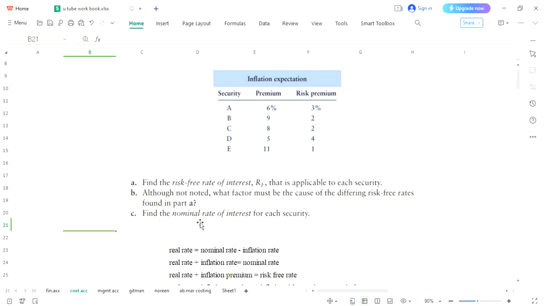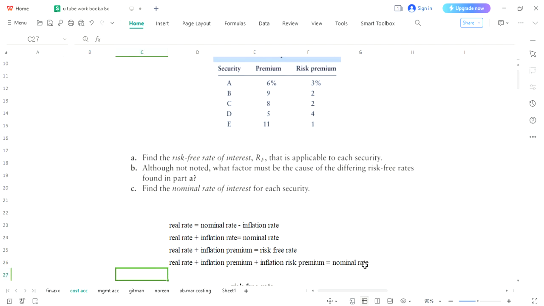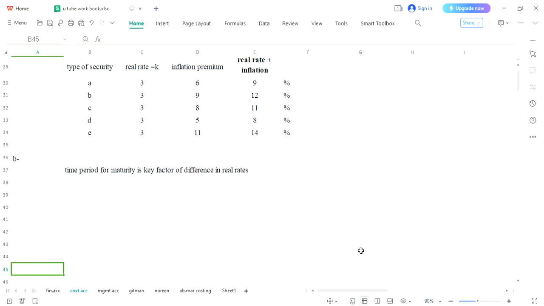And look, we have already understood how to calculate the nominal rate. The nominal rate includes everything, whether it is the first type of inflation premium or the second type, inflation risk premium. So all sorts of inflation and economic barriers, when you add them to the real rate, you get the nominal rate. Nominal rates are not the actual rates.